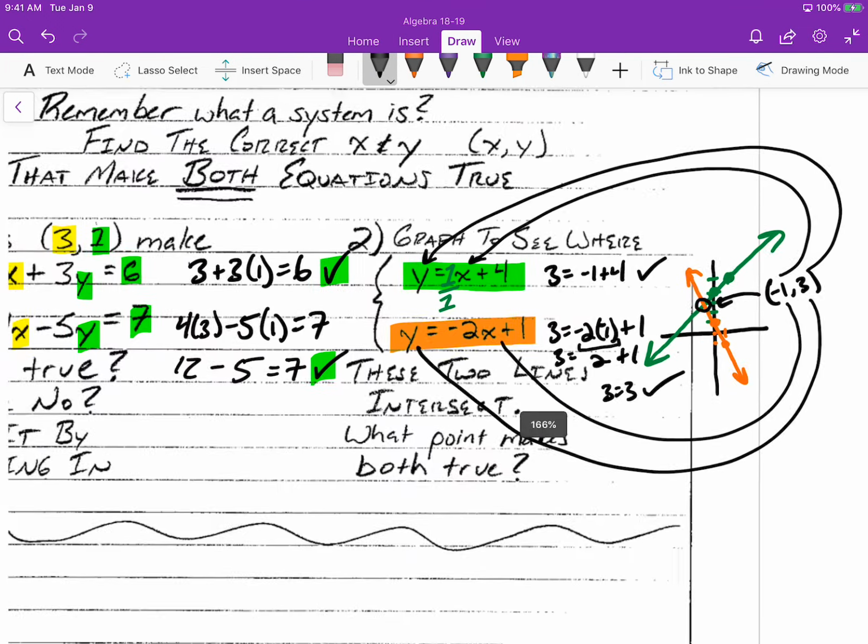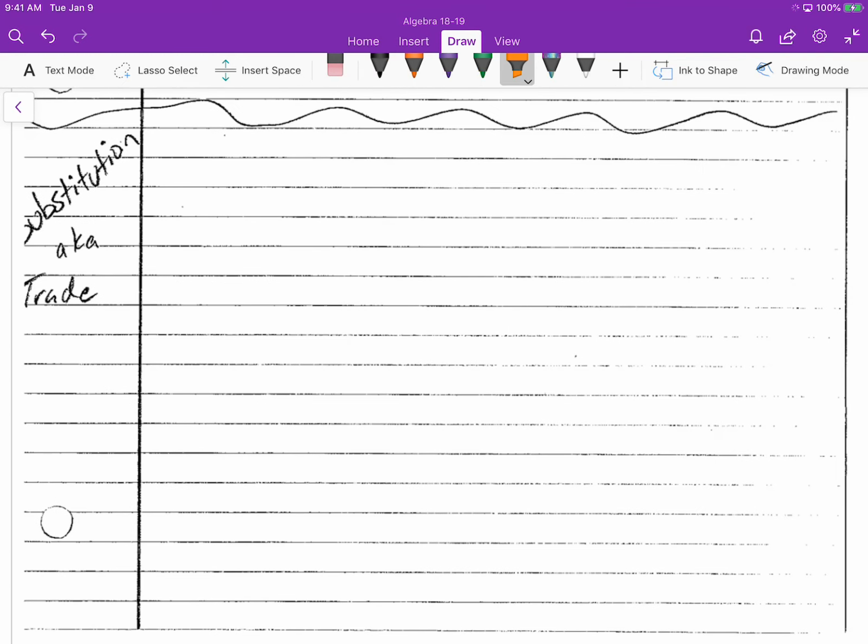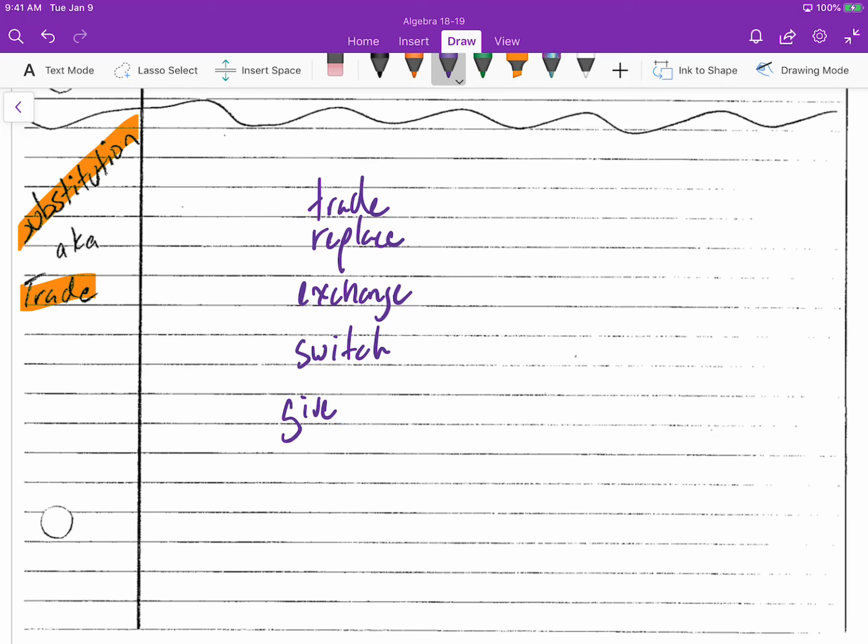Okay, let's get started here. So, moving forward, I like to think about the word substitution as a trade, a swap. If you're going to trade something, whether you use the word trade or replace or exchange or switch or give and take, share, whatever words you want to use for making a trade, making a switch.